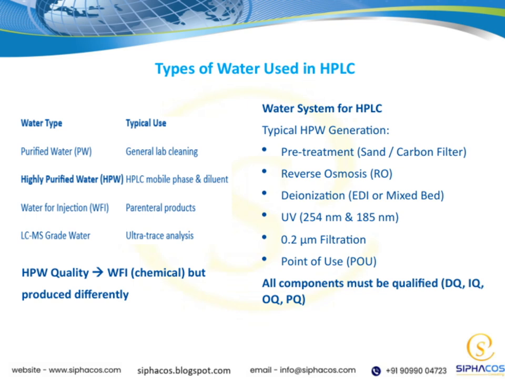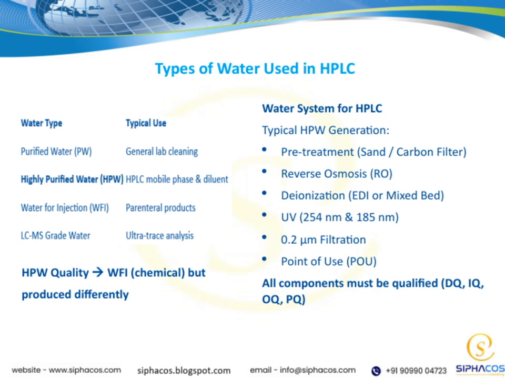All these components, filters, membranes, UV units, must be qualified through a series of validation steps: design qualification, IQ, OQ, and PQ, to ensure they consistently perform as intended. Now, when we talk about the types of water used in HPLC, it's crucial to remember that the purity and quality of water directly impact the accuracy and reliability of our results.